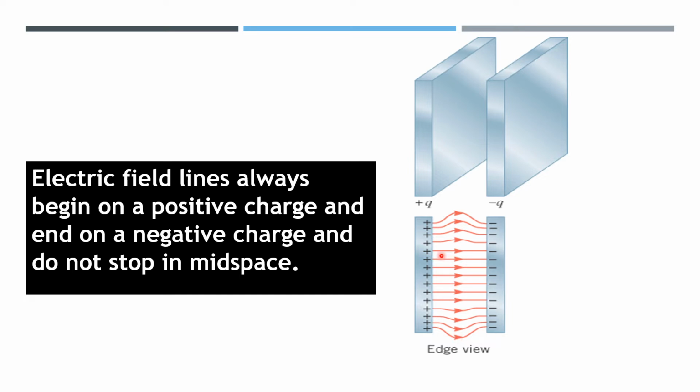So at any point between this positive charged plate and the negative charged plate, the amount of electric field is in fact constant or uniform. Whether you are talking about a point closer to the negative plate or closer to the positive plate or at the very middle point, the amount of electric field is the same or constant.